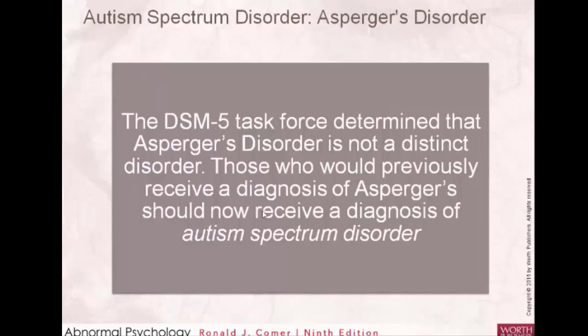But they have decided that there's not enough evidence that these are separate issues, and so they've combined them together. So someone who previously met criteria for Asperger's disorder would now be diagnosed likely with autism spectrum disorder mild.